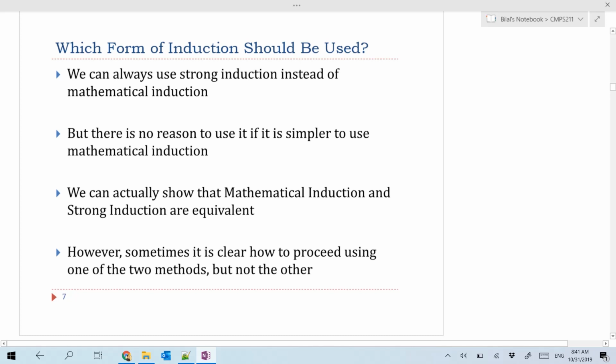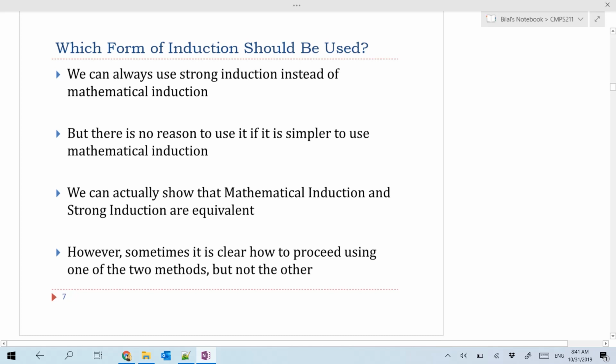We can actually show that mathematical induction and strong induction are equivalent somehow. It all depends on the choice of your base case and how you state your property, okay? However, sometimes it's clear how to proceed using one of the two methods, but not the other, okay? So often it's up to you to pick the right approach.